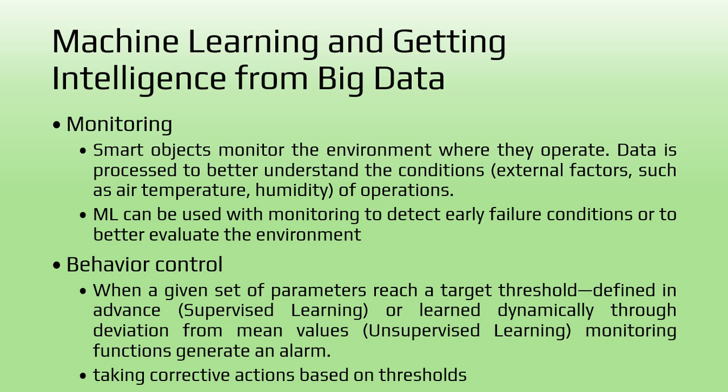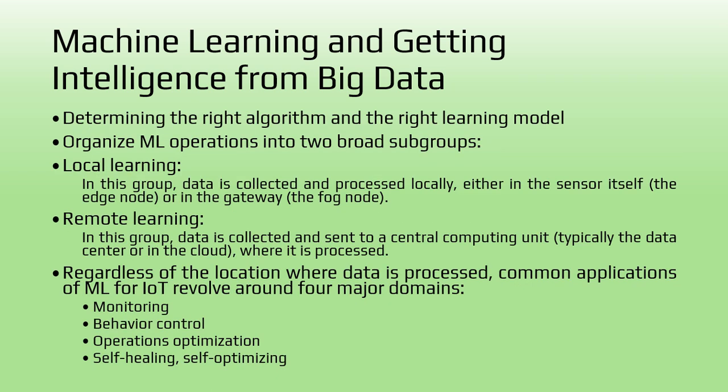For example, in a smart home, when you enter a room, you expect that the lights, fan or air conditioner in summer days should automatically turn on. Otherwise you would have to do that manually. So it is like taking corrective actions based on the threshold. This is the second application of machine learning for IoT.